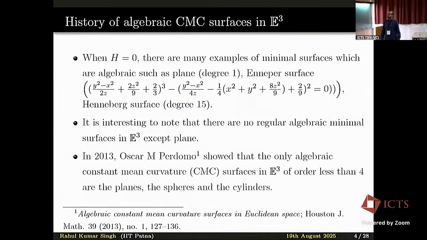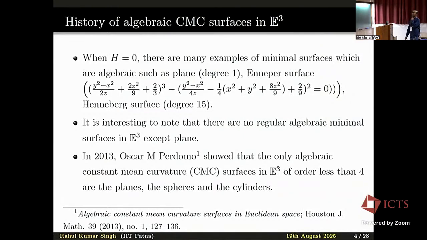Yeah, so this paper by Perdomo is the starting point, in some sense, where he considered CMC surfaces in E3 of order less than 4.